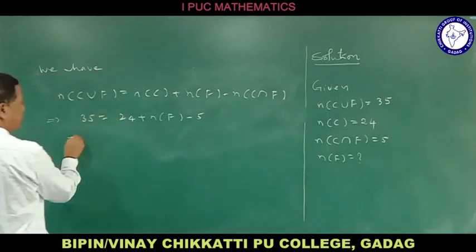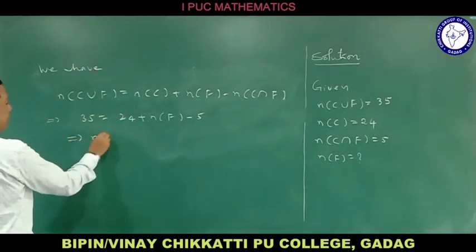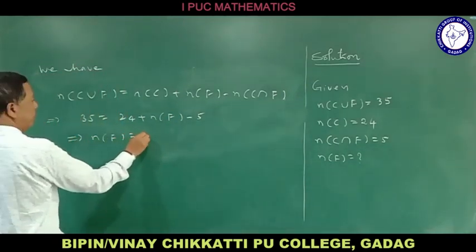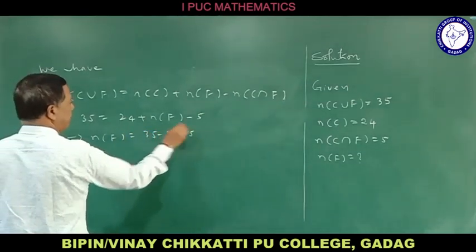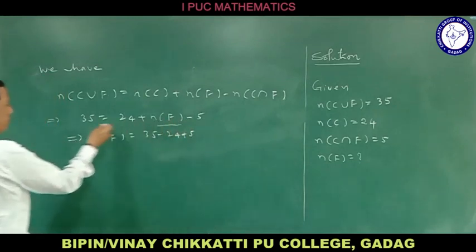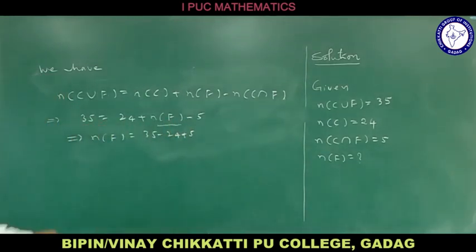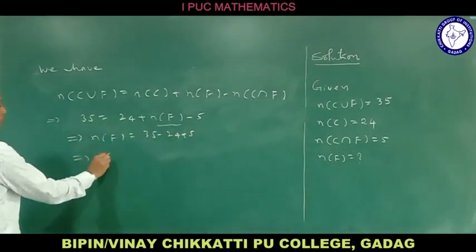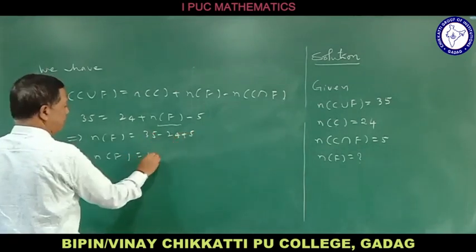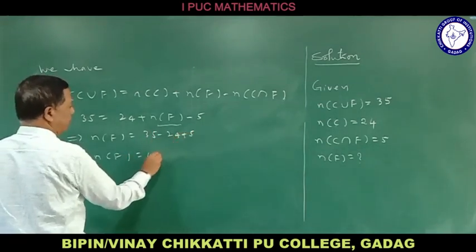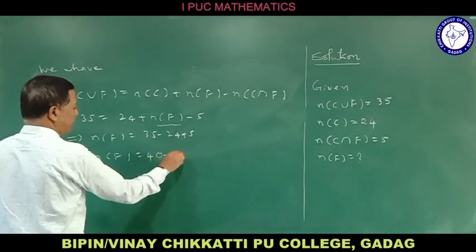So this implies, try to understand, n of F is equal to 35 minus 24 plus 5. You have to keep it here, we have to send all these. And here you have to see how many play football. 35 plus 5 means 40, minus 24.